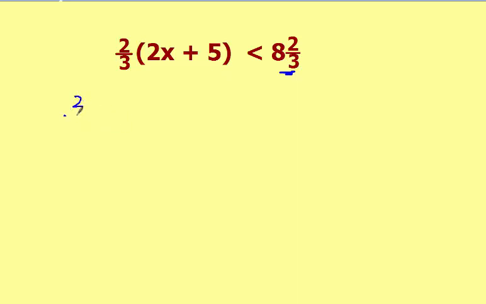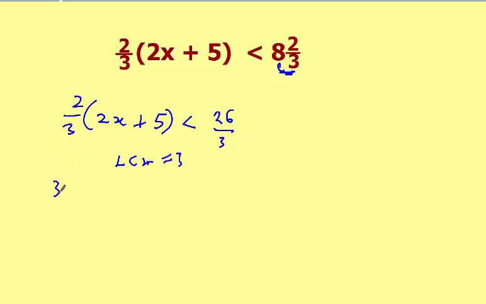So 2 out of 3 bracket 2x plus 5 greater than 3 times 8 is giving us 24 plus 2, that's 26 out of 3. Then what's the LCM? LCM is 3, so multiply by the LCM, which is 3.